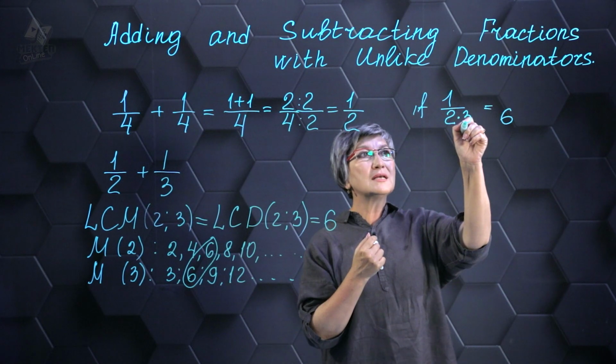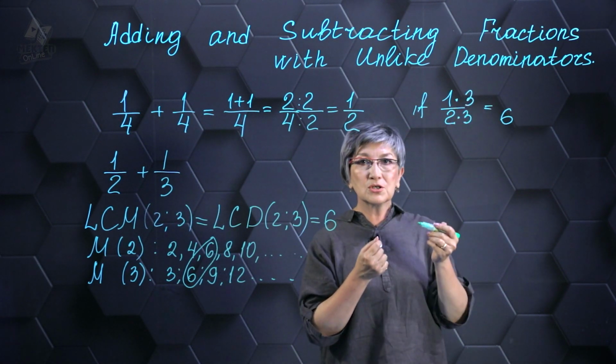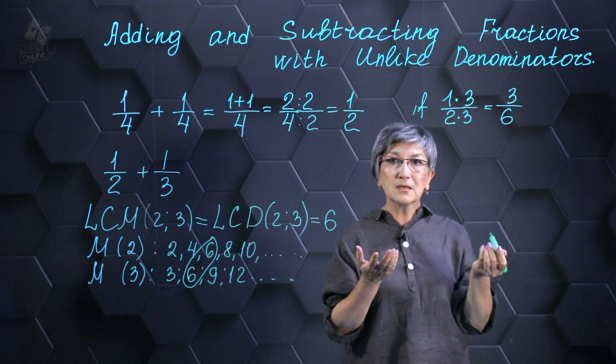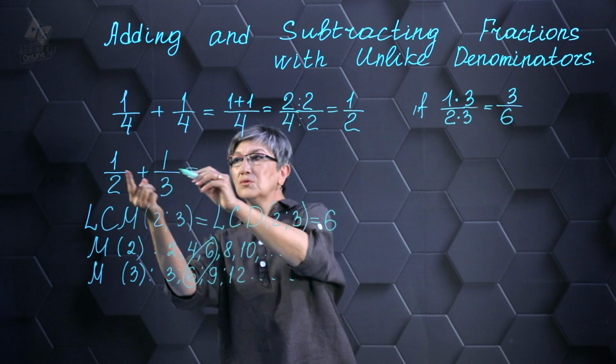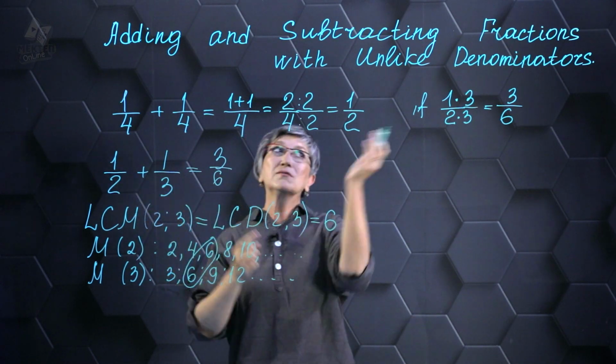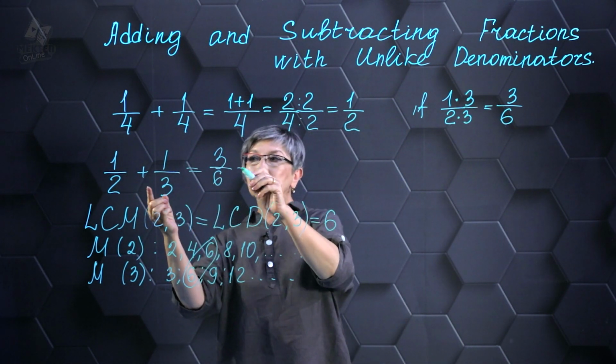But if I multiply the denominator by 3, then I should also multiply the numerator by 3. And then you will receive a fraction of 3/6. In this instance, 1/2 is equal to 3/6.